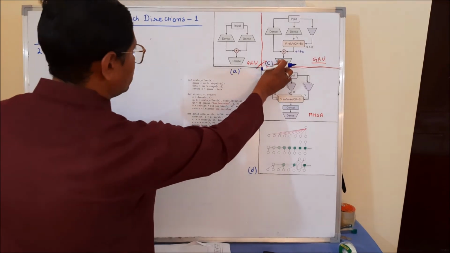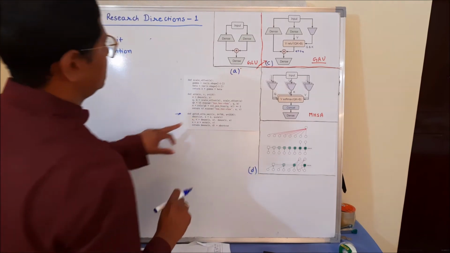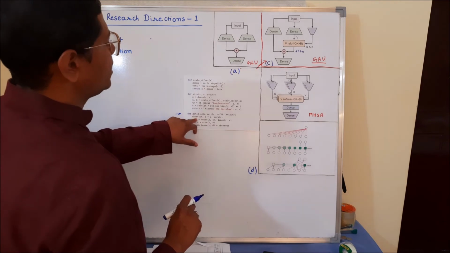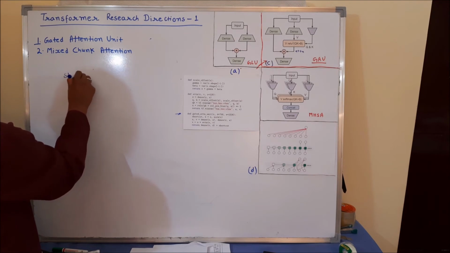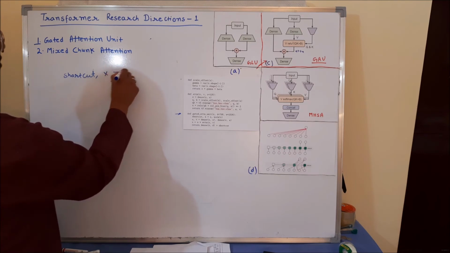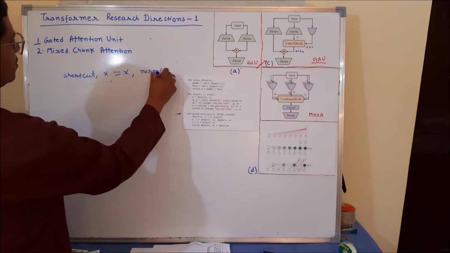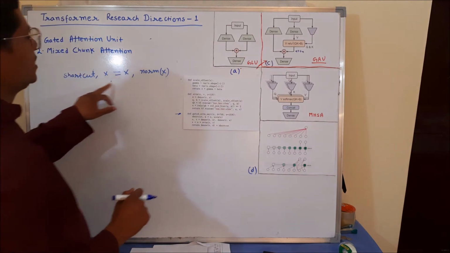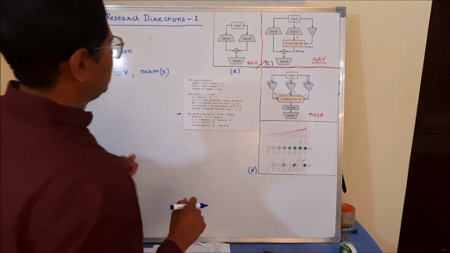Now here one more thing that the authors have considered in the third equation, if you see, is that they have used one shortcut connection. So there is one shortcut and x, where shortcut is x and x is norm x. I already discussed several times in the previous lecture what the norm is and how to calculate it, so I am skipping that part.